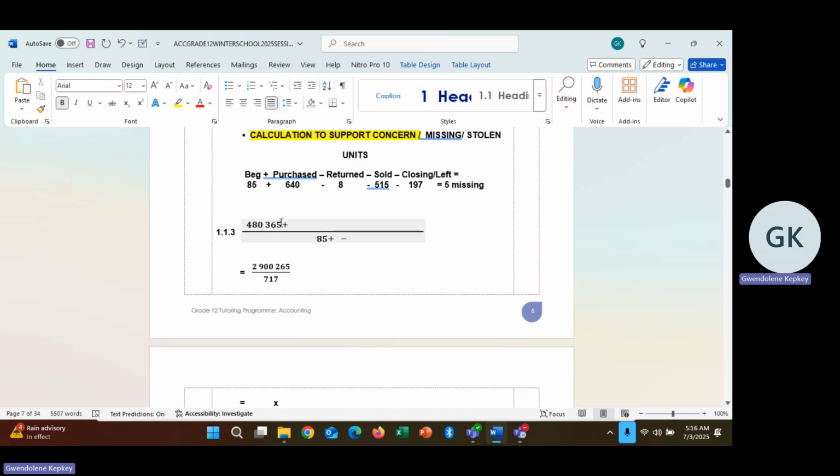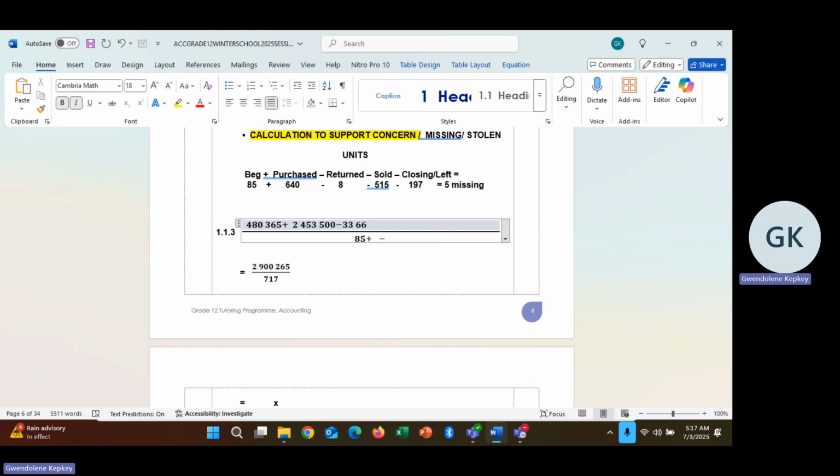If I do so, my calculation will be as follows. I'm going to add my opening stock plus my purchases of 2,453,500, right? Then I'm going to deduct my returns. Now the returns comes to a value of 33,600.